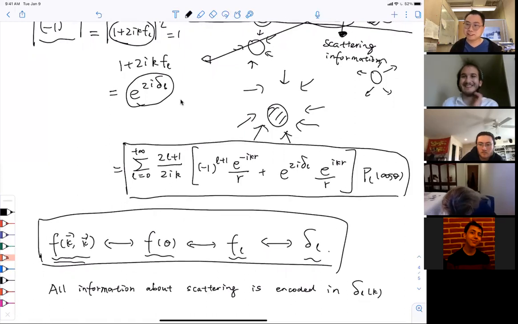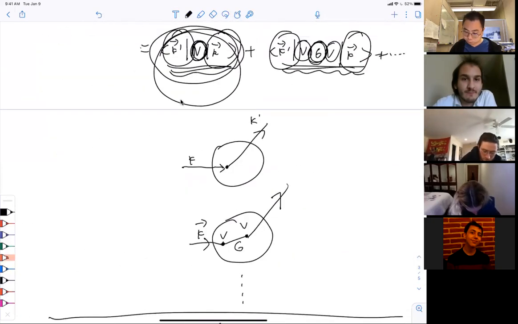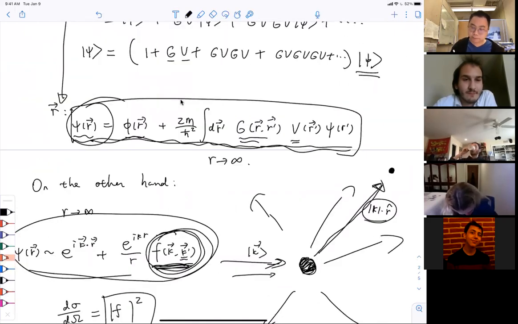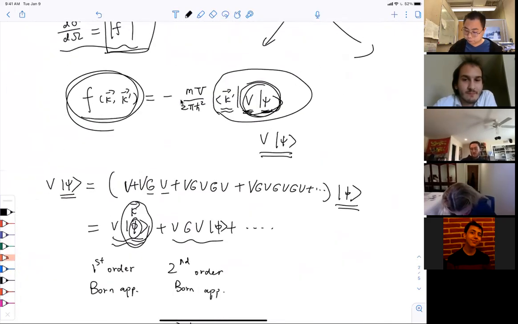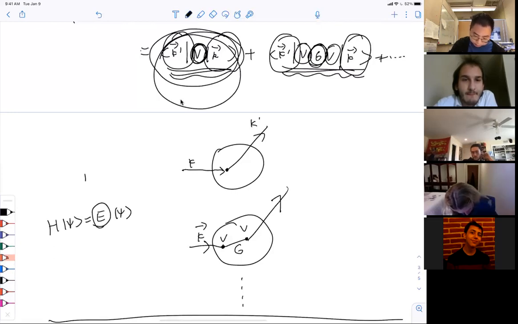There are some basic assumptions we need to obey. One is energy conservation. We always assume that the energy is E. We are solving H phi equals E phi, where E is h-bar squared k squared over 2m.